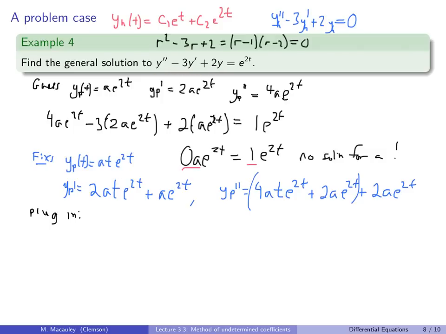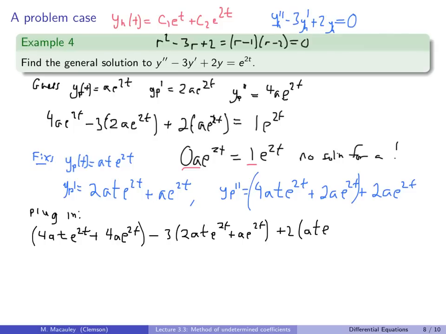If we do that, y double prime is 4a t e to the 2t plus 4a e to the 2t, minus 3 y prime, which is 2a t e to the 2t plus a e to the 2t, plus 2 y, which is 2 times a t e to the 2t.